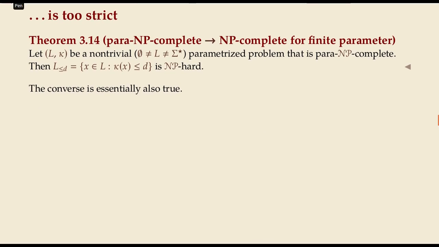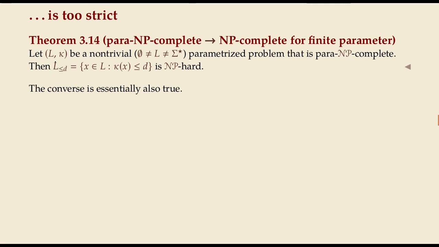So here's the theorem, and we will only prove part of it. It's essentially an if and only if and a characterization for para-NP completeness. I've only picked out the one implication that gives the interesting message, and therefore maybe we don't need this technical requirement here. Let's prove the one direction.